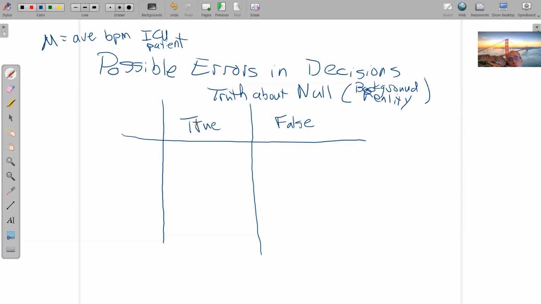If it's true, then I would expect that the average heart rate is less than. So mu is less than 95 beats per minute. And if it's false, then I would expect the beats per minute to be greater than 95.